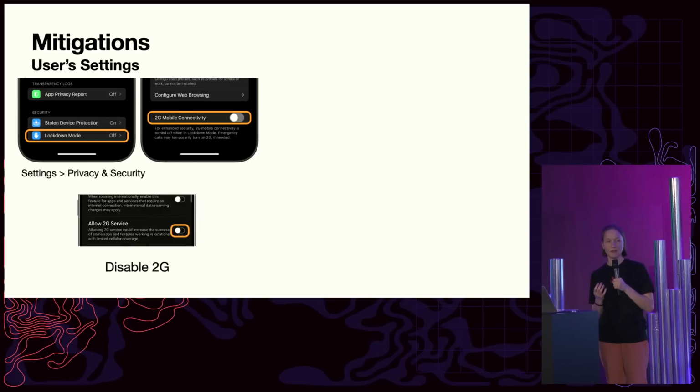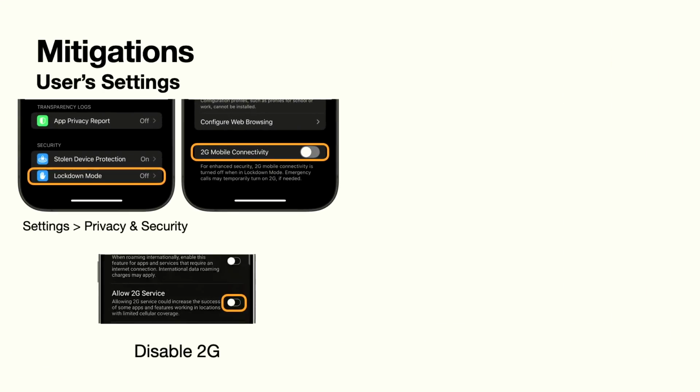But what users could really do themselves, at first, to mitigate the attack surface for rogue base station attacks in general, is to disable 2G. So on iOS nowadays, you can enable the lockdown mode. You can find it in the settings, in the privacy and security settings.